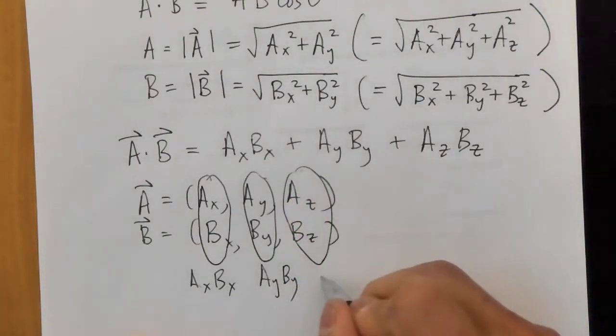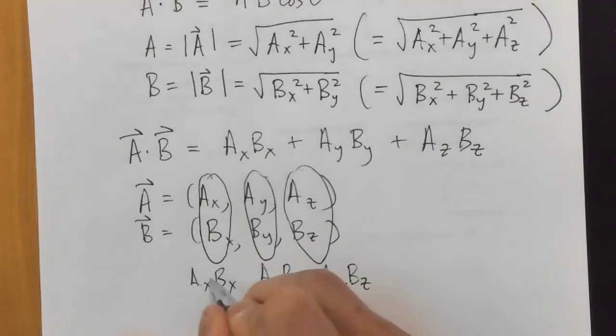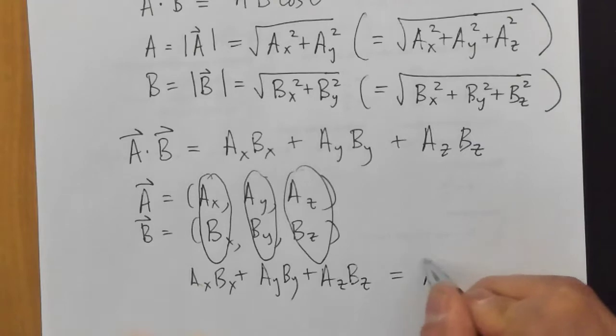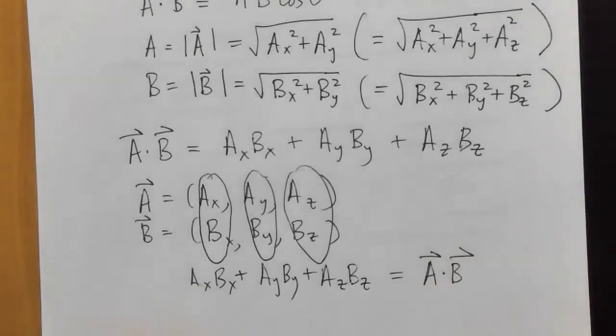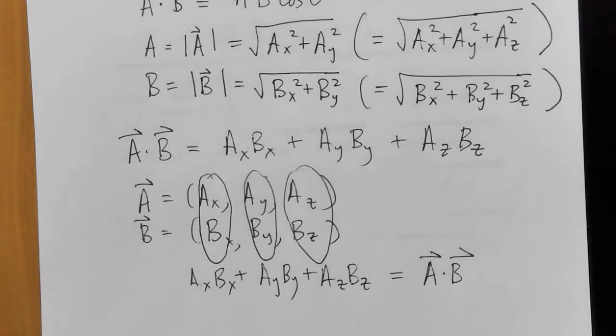Then you multiply these together and you get AZ BZ. Then you add them together, and that's the dot product. Everybody's good with that? How many of you have seen this one before? It gives exactly the same answer.